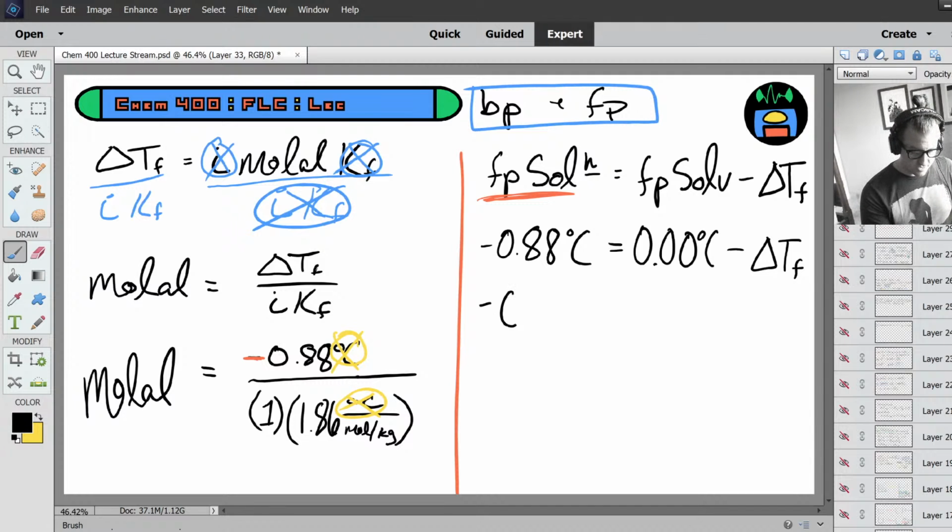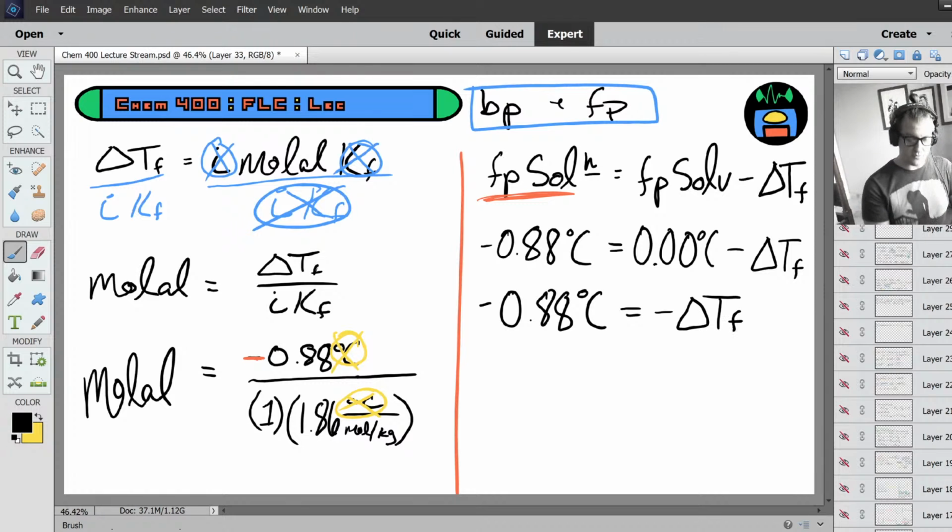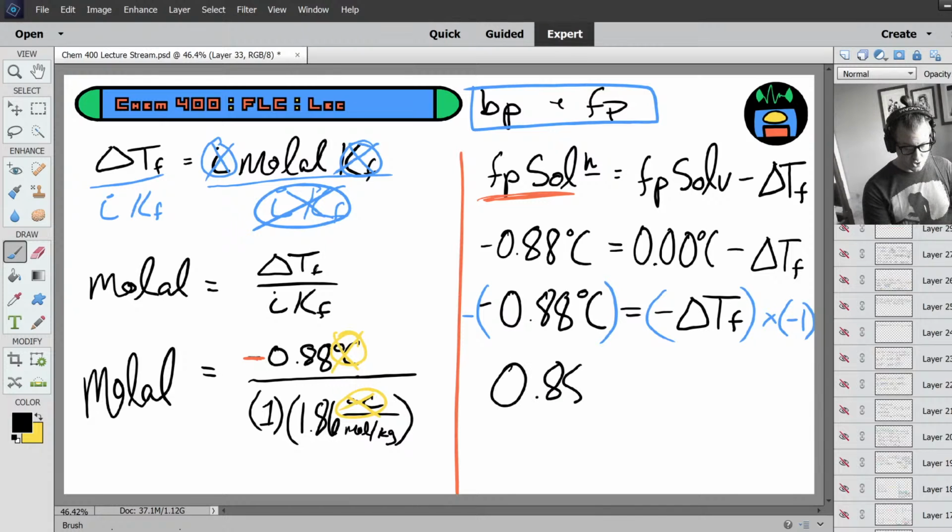So negative 0.88 degrees Celsius is equal to minus 1 times the change in my freezing point, because that's what 0 minus anything is. And now I need to multiply both sides of this equation by -1, and I find that my change in freezing point is actually a positive 0.88.